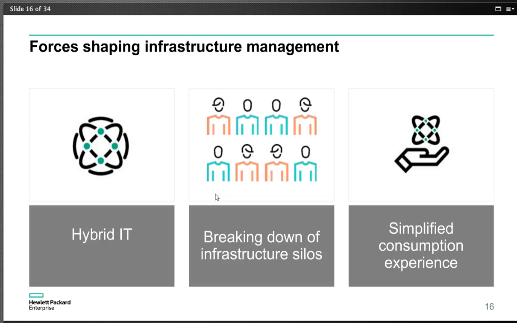We are also starting to see a degree of convergence in terms of managing infrastructure tiers, whether they are compute, network, or storage.